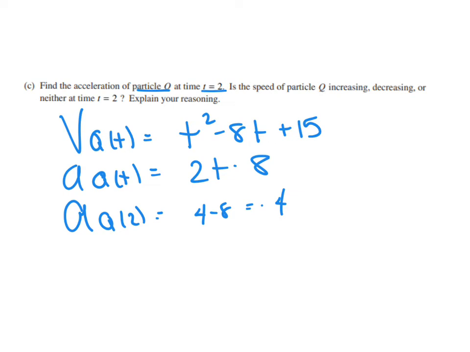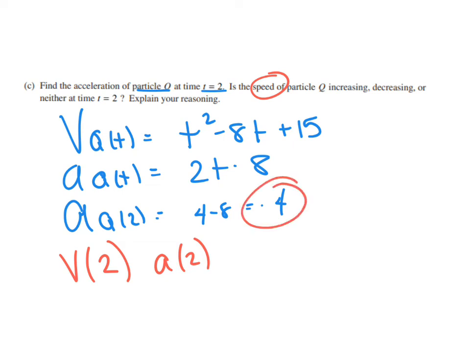And they love this question. Is the speed of the particle increasing or decreasing at 2? And give a reason for your answer. So again, to justify whether speed is increasing or decreasing, I need to compare the v of 2 and a of 2. So we just discovered that a of 2 is negative. So a of 2 is less than 0.